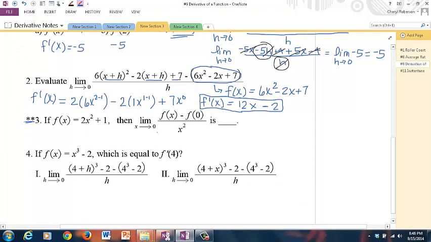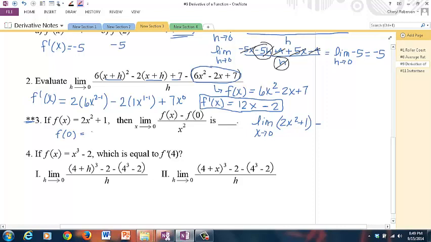So we have the limit as x approaches 0, and notice where we have f of x minus f of 0 all over x squared. So let's see what that's going to be. I have the limit as x approaches 0, and we're going to have our f of x, so we have 2x squared plus 1, there's my f of x, minus f of 0. So what does f of 0 look like?